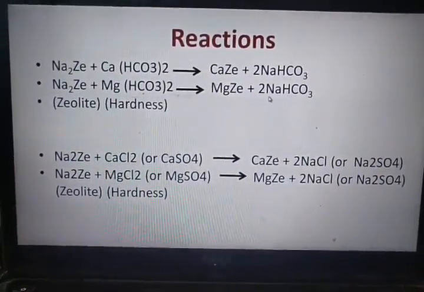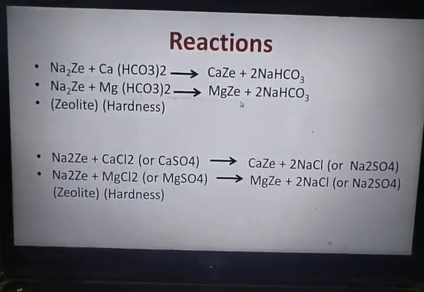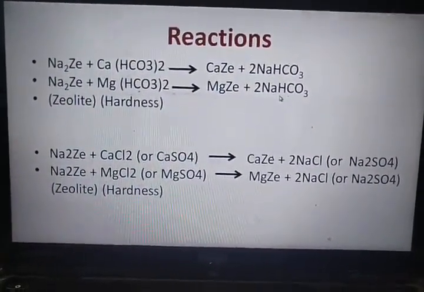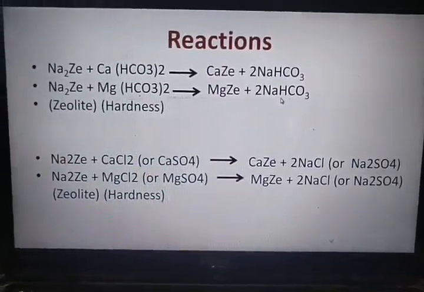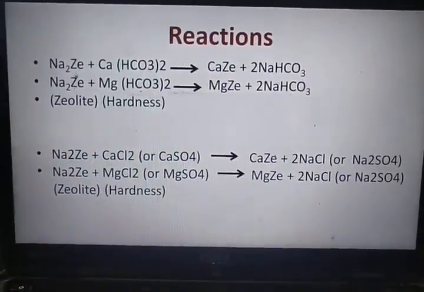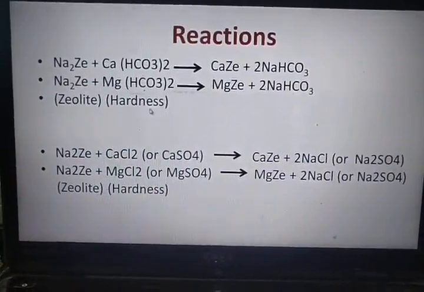Similarly, for magnesium, removal happens along with the liberation of sodium carbonate. So this is the zeolite material and this is the hardness causing ions.